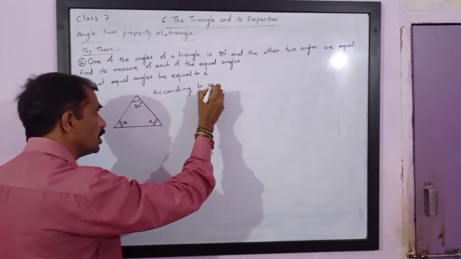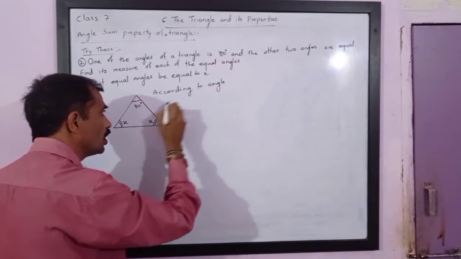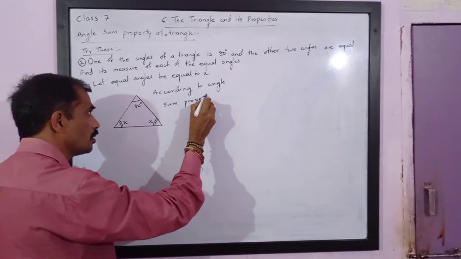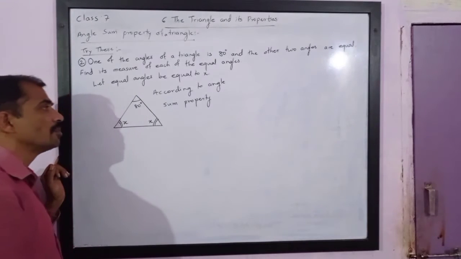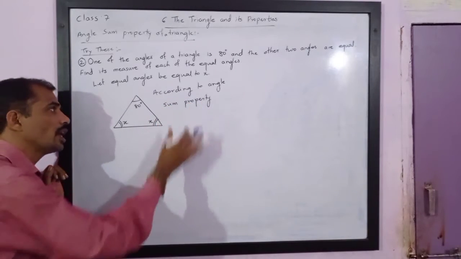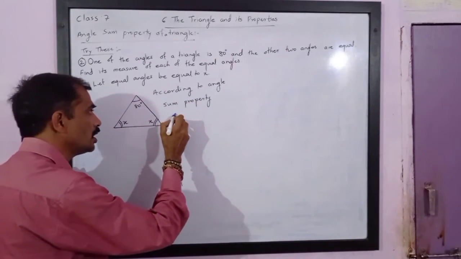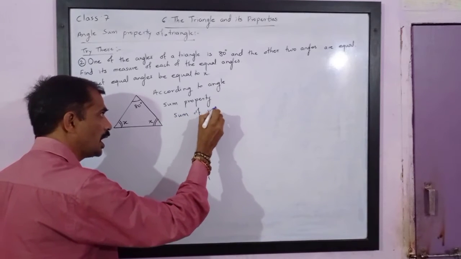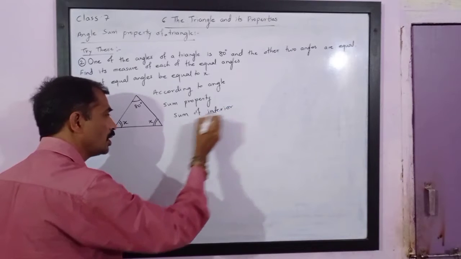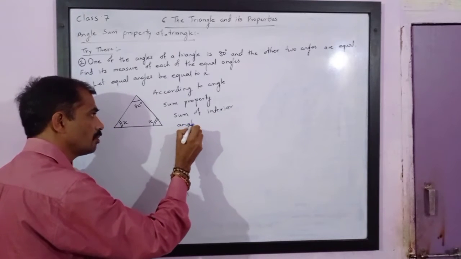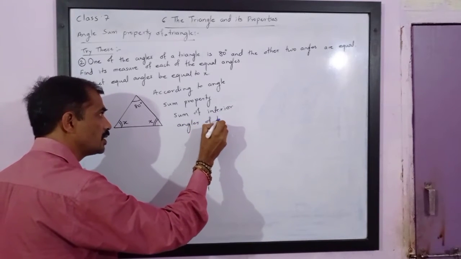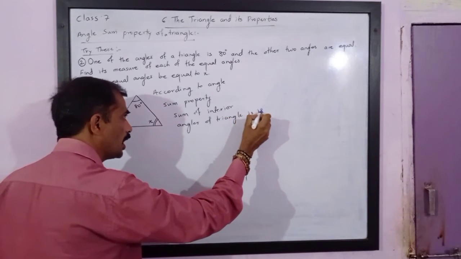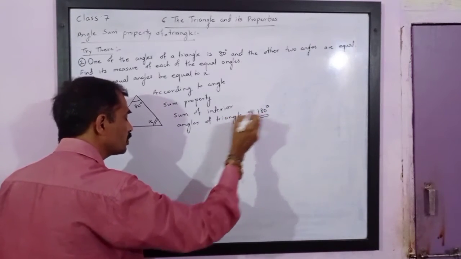So according to the angle sum property, what is the property? We need to write the property. The property is: sum of interior angles of a triangle is 180 degrees.